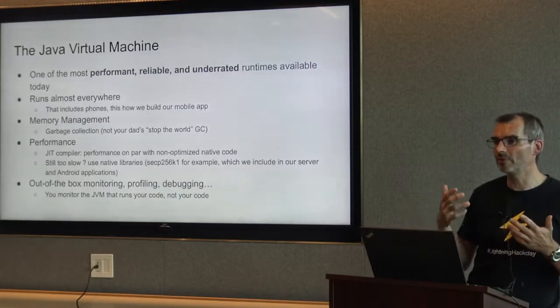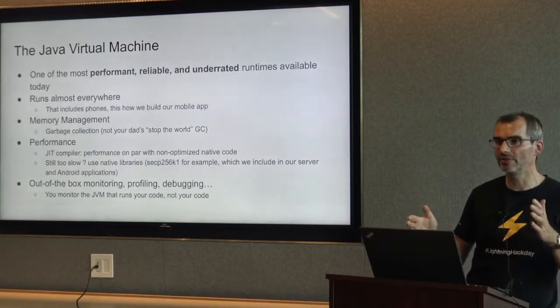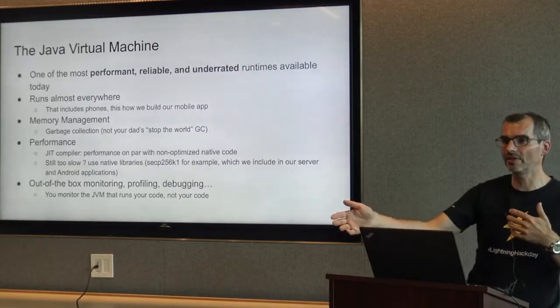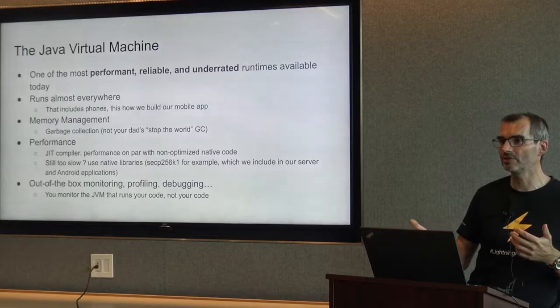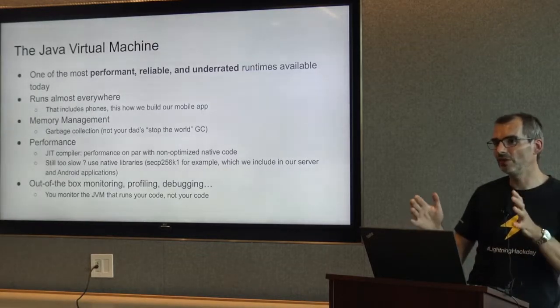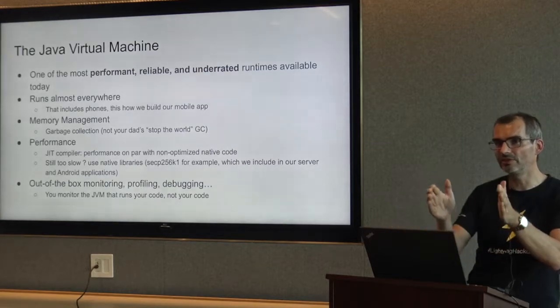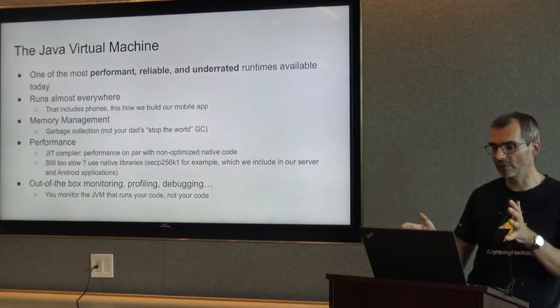And there are many ways to implement this. The simplest and least efficient way is just stop the world. You stop everything, you compact memory, and you start everything again. This is really, really bad, and Java has today different options that are way more efficient at this. Basically, if you're careful, garbage collection never gets in the way. You don't see the impact on your performance if you're careful.